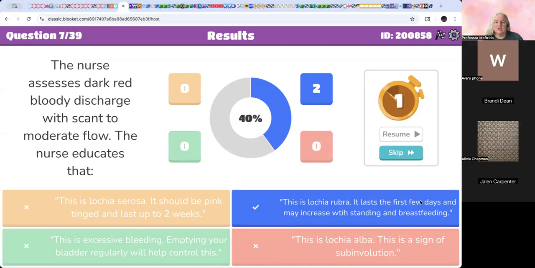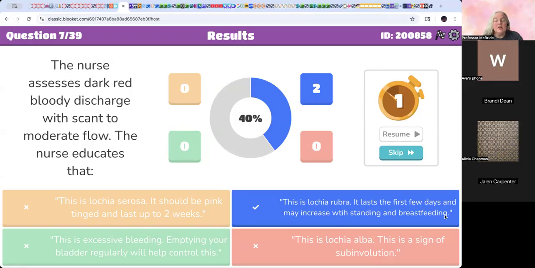Correct that it should only last for a few days. Also true that if she stands up, she might get a gush, or when she's breastfeeding, she might get a gush. If she's sitting or laying down, the little bit that's coming out pools in her vagina, then when she stands up she can get a little gush.